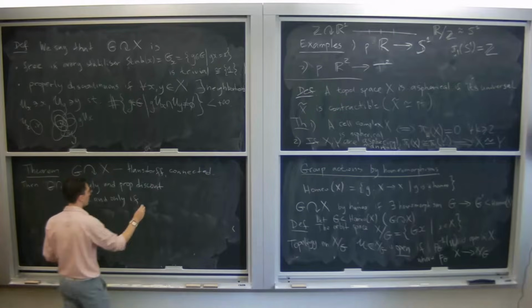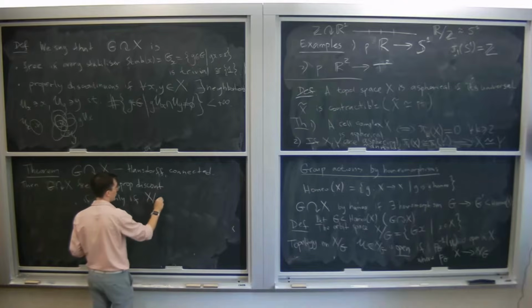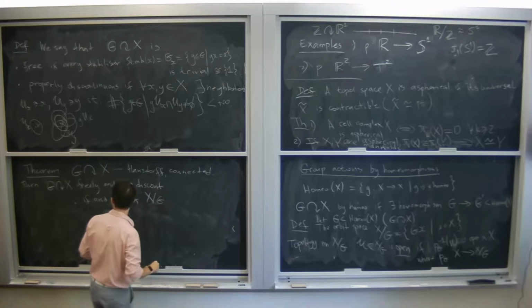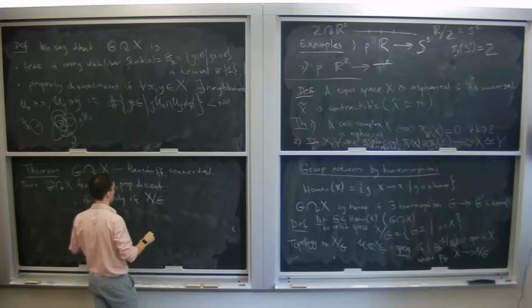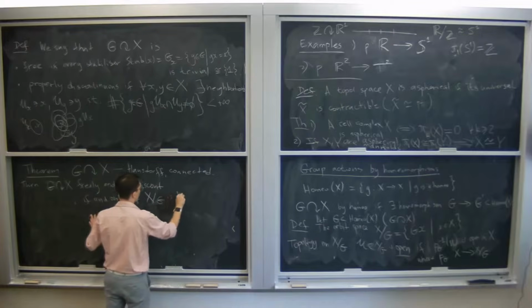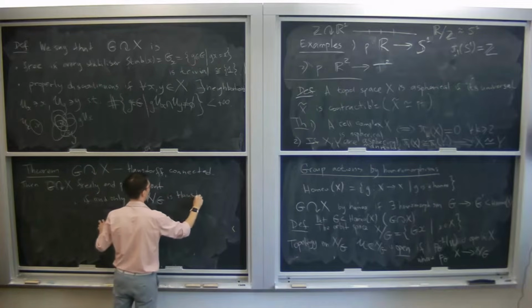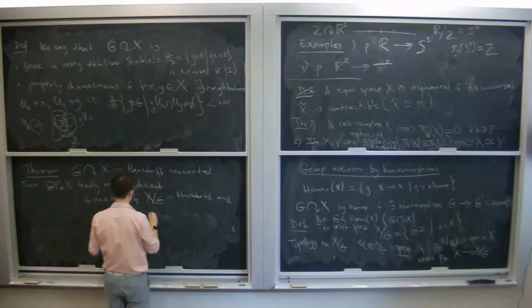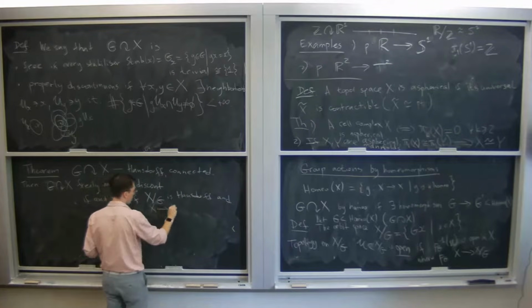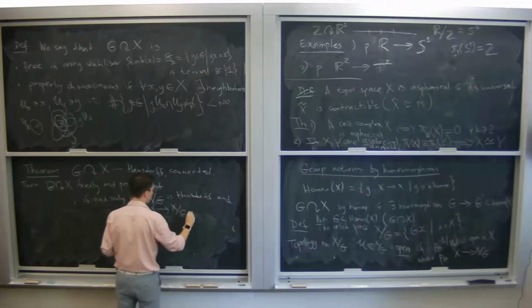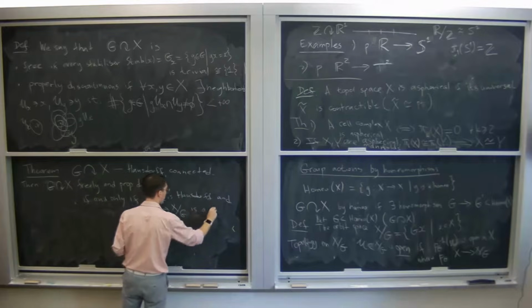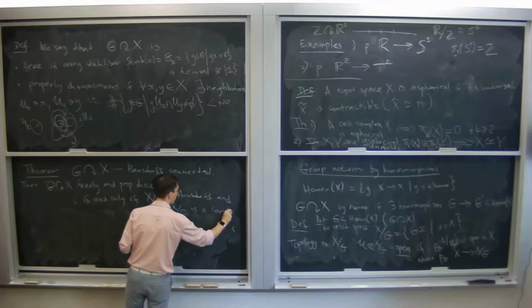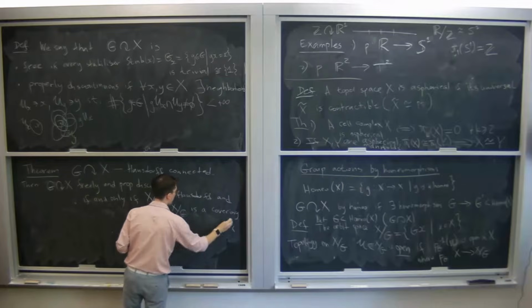If and only if the quotient X by G is Hausdorff, and the map X to X mod G is a covering map.